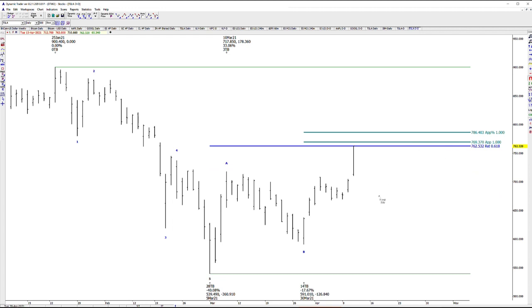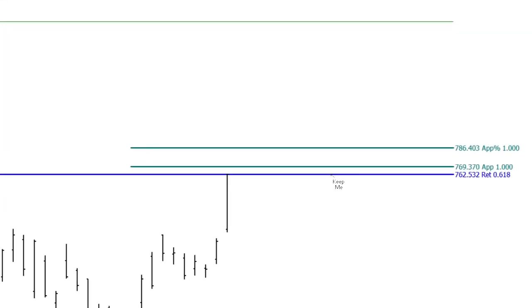So we've got a pretty narrow range here to complete a correction within a bear trend, after which, once the correction is complete, more than likely the bear trend will continue to a new low. And so these are just real important. Of course, the retracement is really key, particularly because it's the 61.8% or 0.618 retracement, because most corrections are around 50 or 62%.